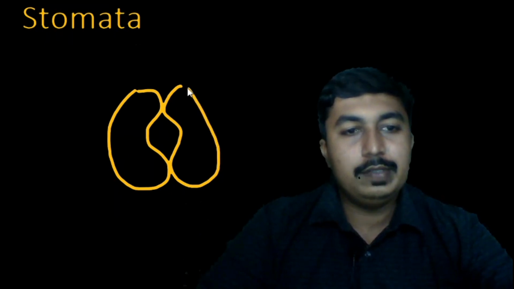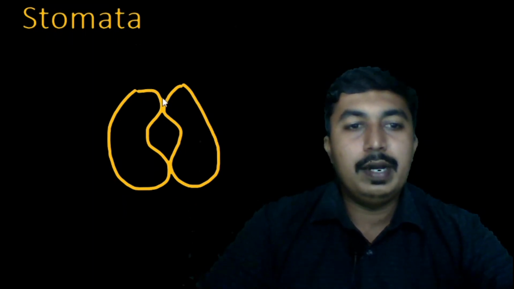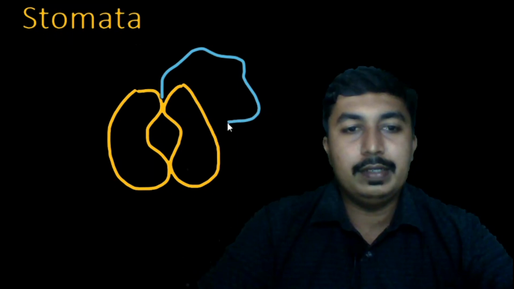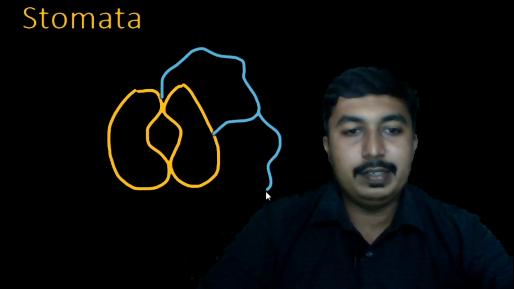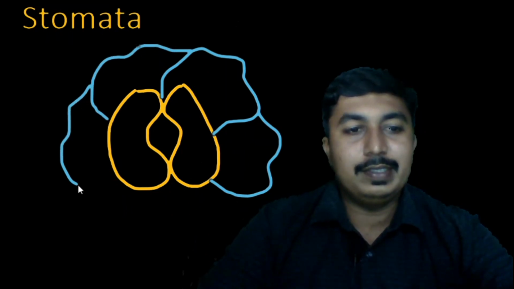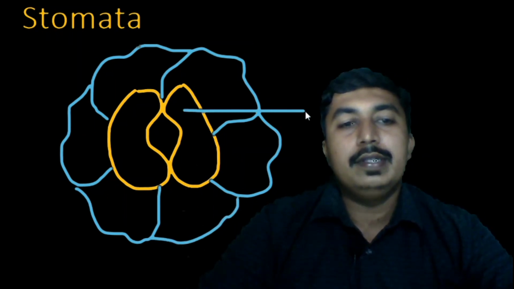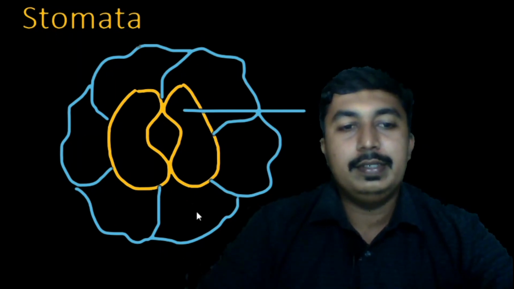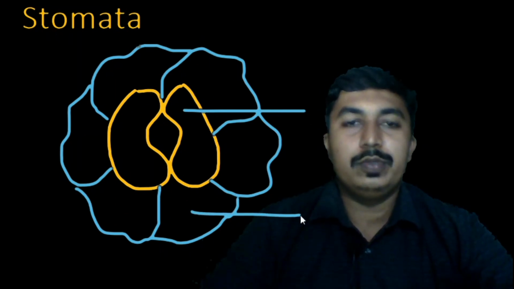Here you can see in the diagram the two kidney shaped cells, and these are the guard cells. The guard cells are surrounded by other specialized cells which are known as the subsidiary cells.